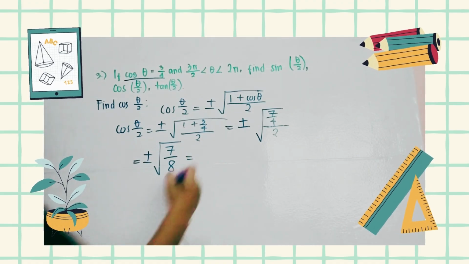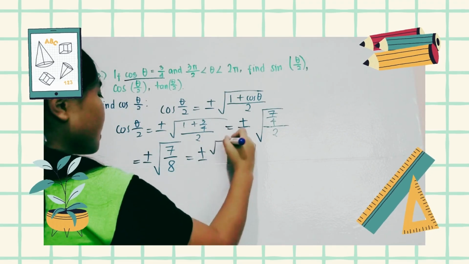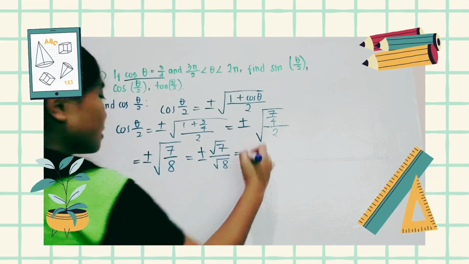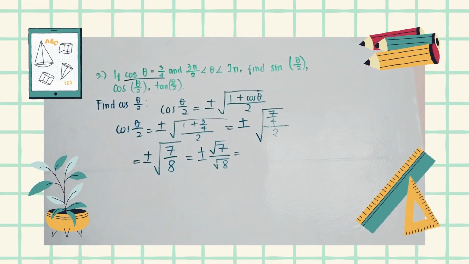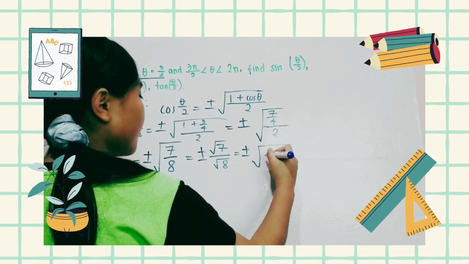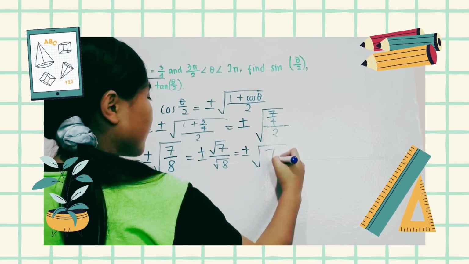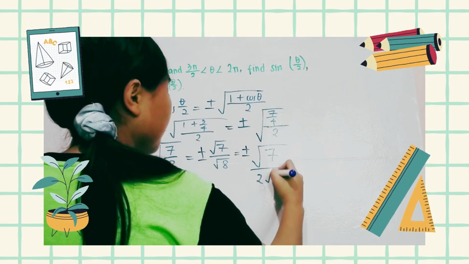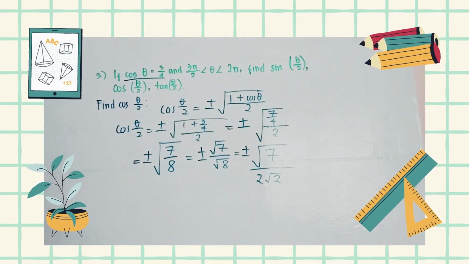Then let's break it down. We have the square root of 7 over the square root of 8. Then, let us simplify the denominator. So we have the square root of 7 over 2 times the square root of 2.